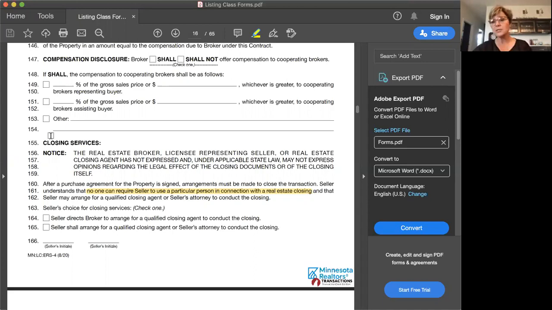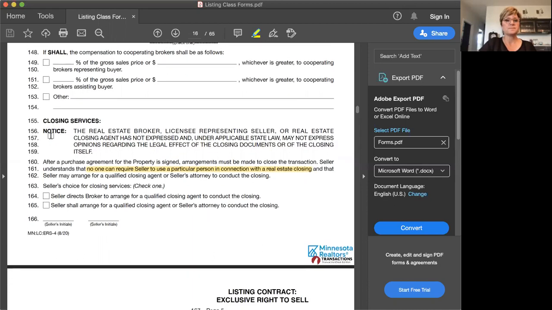Okay, and it's their right to know, because bottom line, if most other brokerages are offering 3% in the MLS for brokerages to bring a buyer, and you're only going to do 2%, that seller needs to know, right? That they might be at a disadvantage as opposed to other sellers in the market. Any questions on that? Nope.